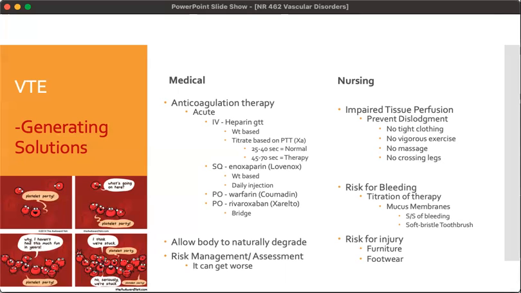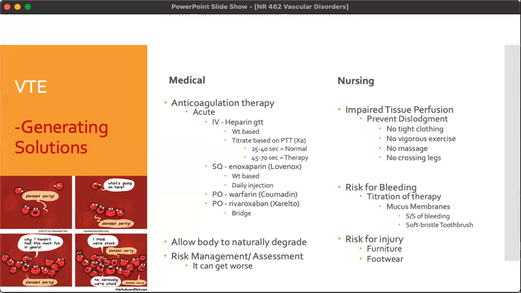Some of the ways we prevent these clots from dislodging and becoming thromboemboli: we want to counsel patients, don't wear tight clothing. And we're not talking about wrapping yourself up in something really tight like a crazy person. It means things like tight-fitting clothes, or socks that are too small or cutting into the patient's skin, especially over an area where there's swelling from a blood clot.